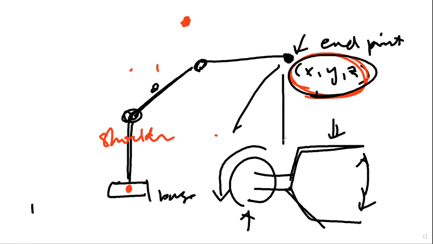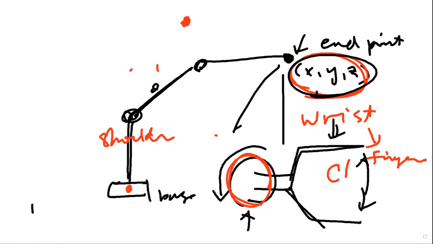All these we call the wrist. The wrist includes the finger, the rotor, the clip, and maybe the finger sections, which can make several bends. We all call it wrist.